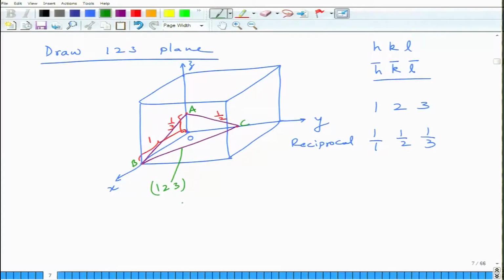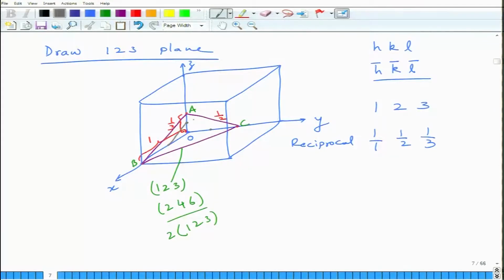Now, regarding 2, 4, 6, which is nothing but 2 times 1, 2, 3, you can see 2, 4, 6 will be a parallel plane. It has half intercept along x, quarter intercept along y and 1/6 intercept along z.